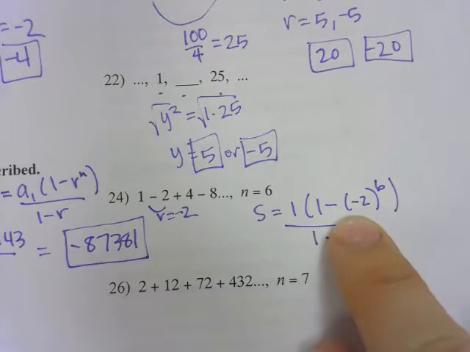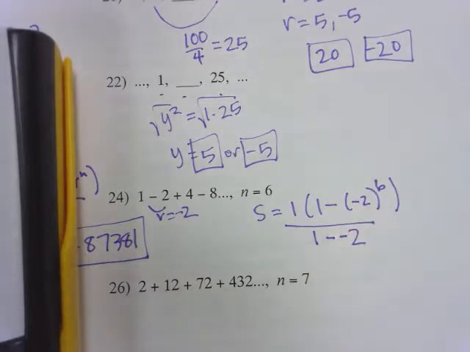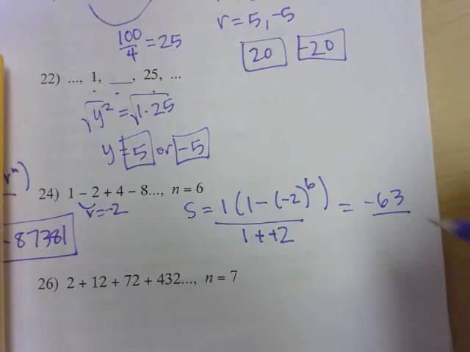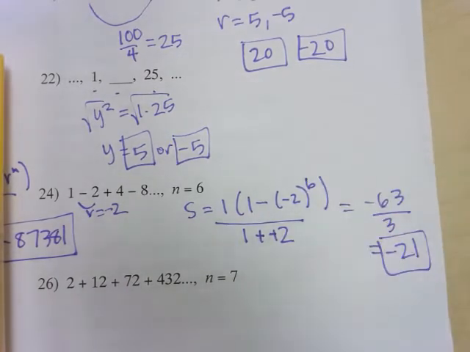I can't cancel those negatives yet because I have to apply this power 6 first. So plugging that into your calculator, 1 minus a negative 2, make sure that negative 2 is in parentheses. You get negative 63. Divided by 3 equals negative 21.